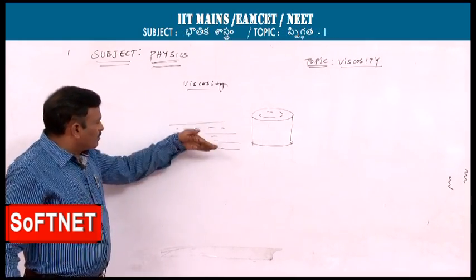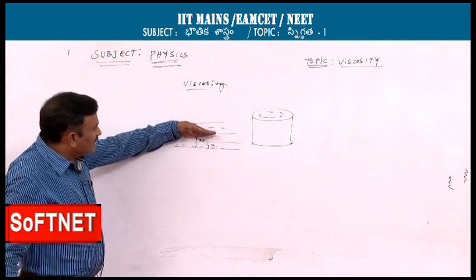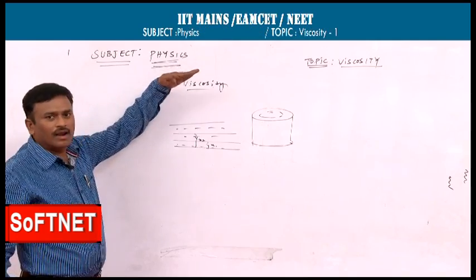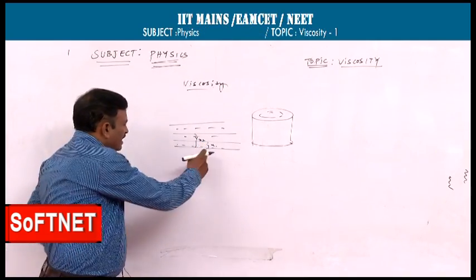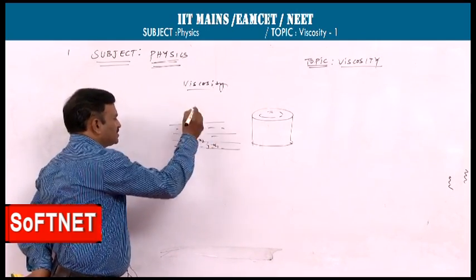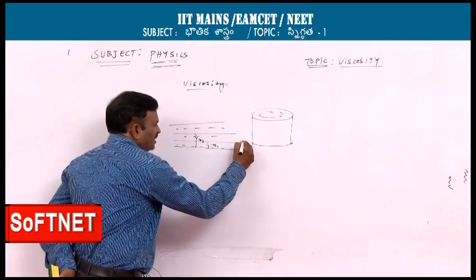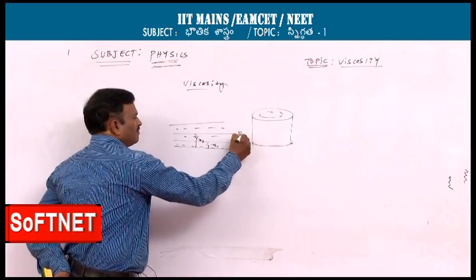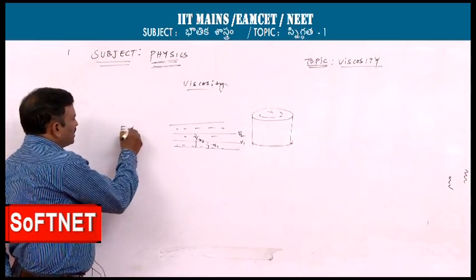In that flow, we are considering first layer, second layer, third layer and so on from the bottom. The first layer is at x1 distance, the second layer at x2 distance, and the velocity of the layer is v1 here, the velocity is v2. So, let us see how the force depends.